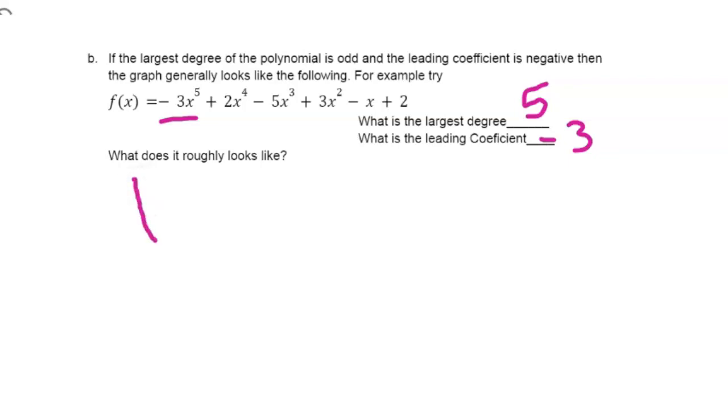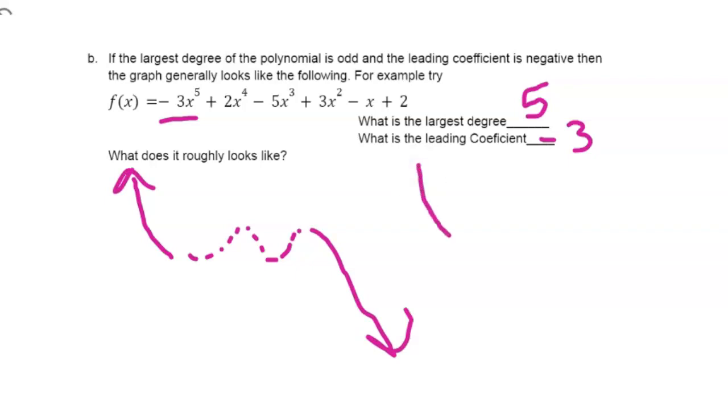It's going to come in here from the top, do some kind of wacky stuff in the middle, depending on the graph, and then exit going down. So your end behavior looks something like this. And we can simplify it. It would come in like this, dotted line, exit like this.